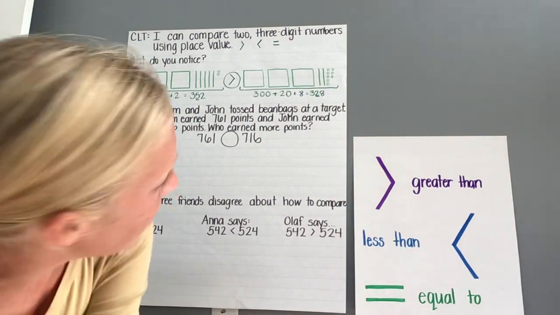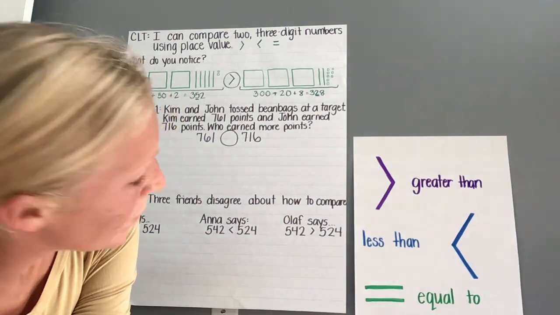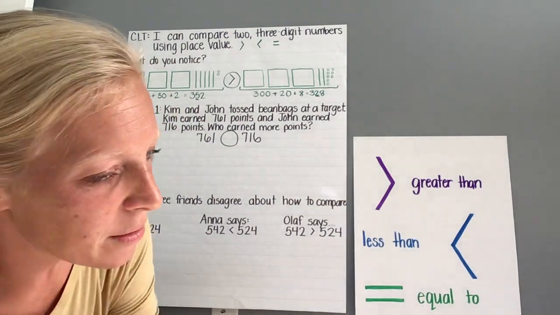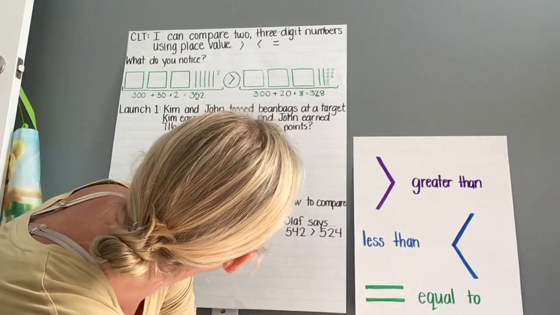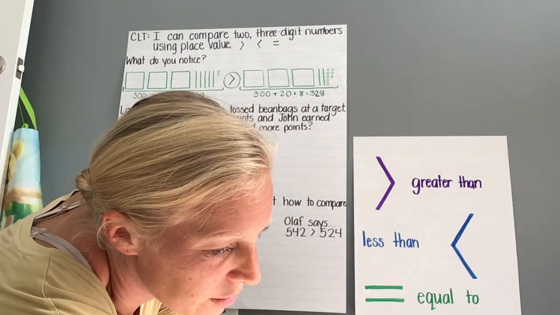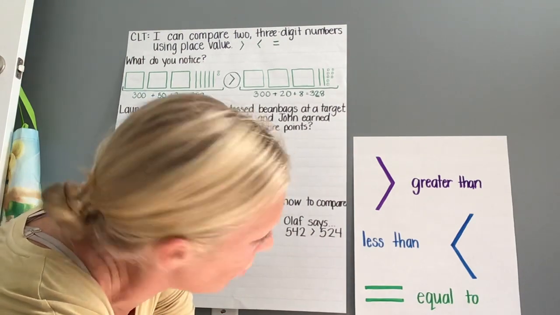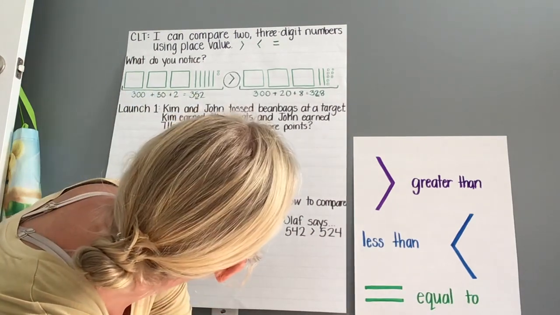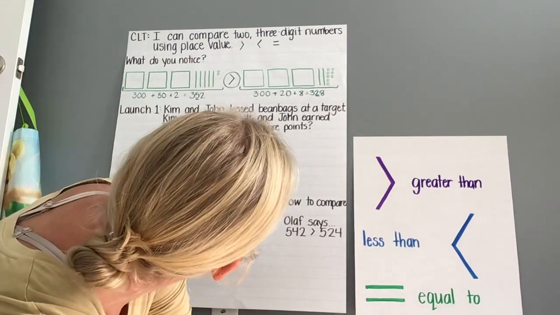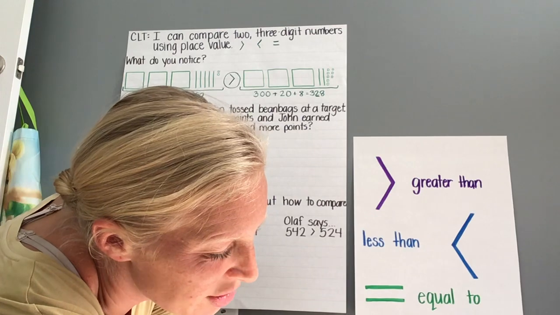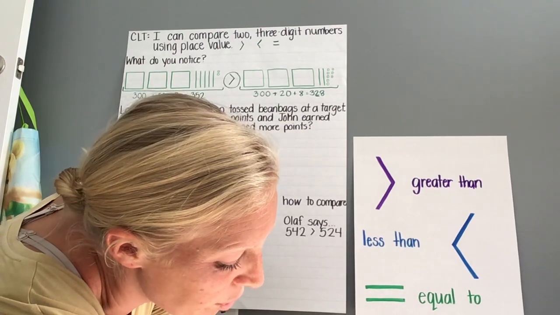And what do you notice about that tens place? So which number is more? You didn't use a picture. Where are you looking at first? I like how you underlined that in the number. Why did you underline that digit? Because that one was the same, okay? So what does it tell you about those two numbers? How would you compare them? What would your symbol look like if you did that?